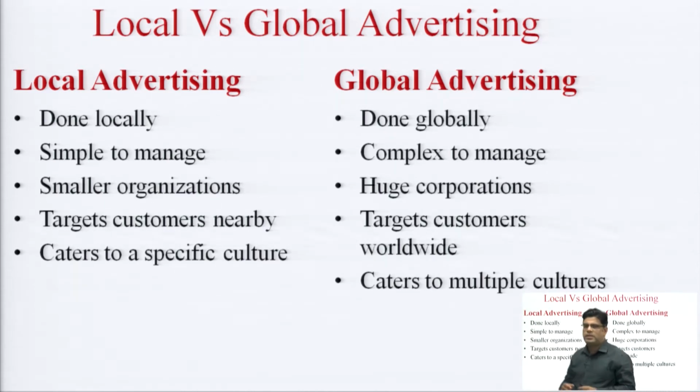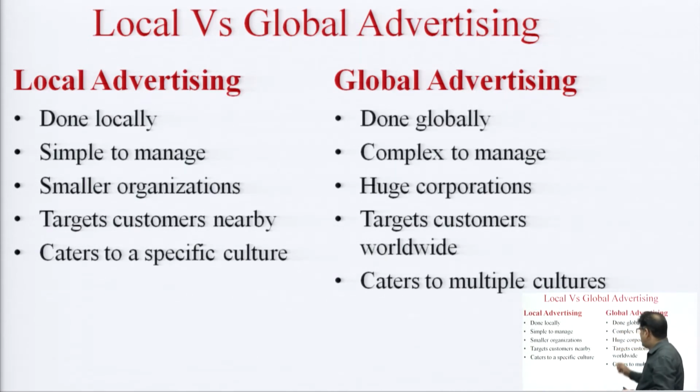Complex because it covers the entire globe, complex because a lot of time goes into strategy making, complex because each and every country has its own advertising laws which the organization has to abide by, and complex because there is a lot of management involved, a lot of ad agencies and all those things. So, the management becomes very complex.